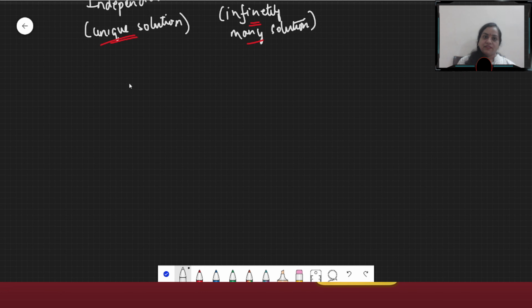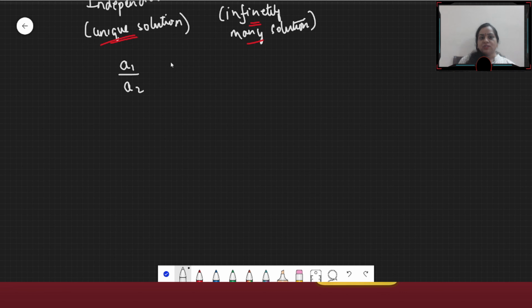What is the nature of the graph you will get? Will the lines intersect at a point, be coincident, or be parallel? It all depends upon the ratios of the coefficients of the variables and the constant.